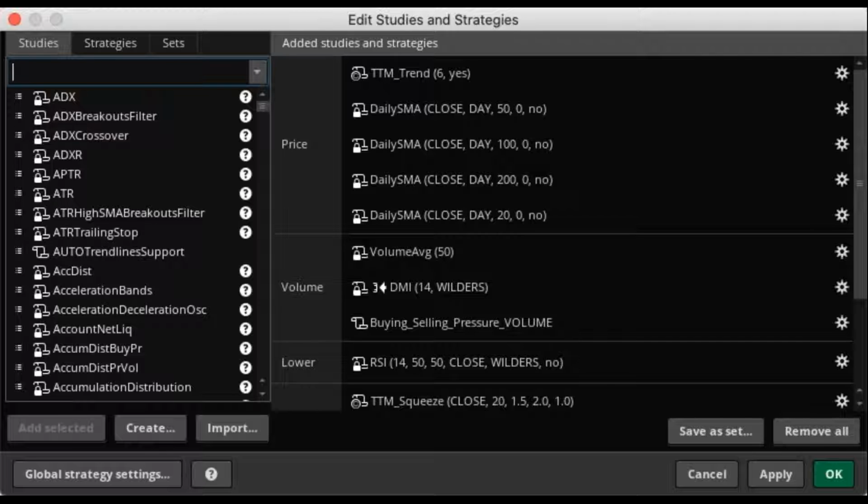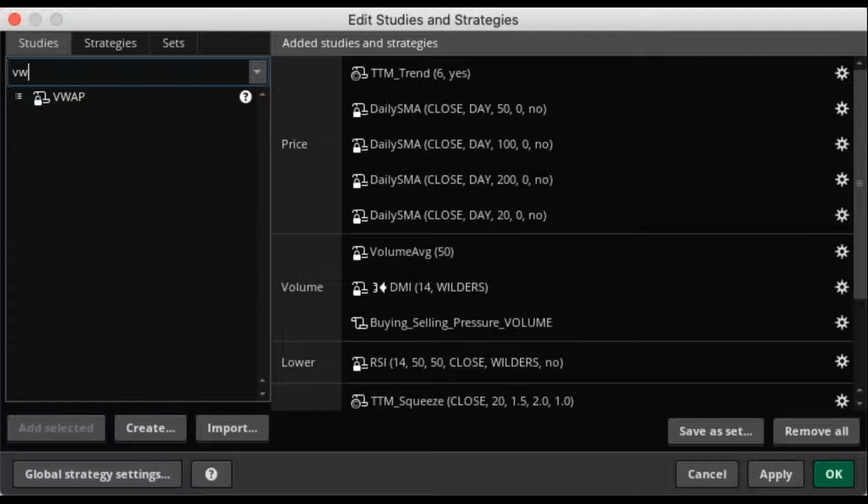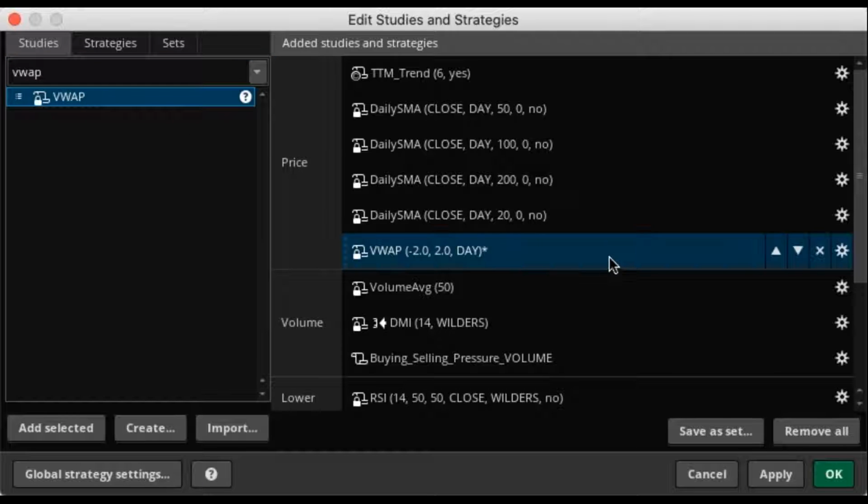Okay, hi. So one last thing that we need to put in on the lower time frame chart is a VWAP. So we double click on the VWAP, and then it pops into here, and then we click edit and go into our edit.